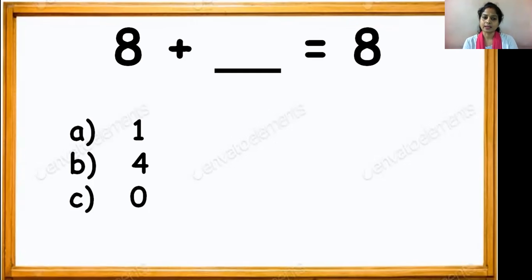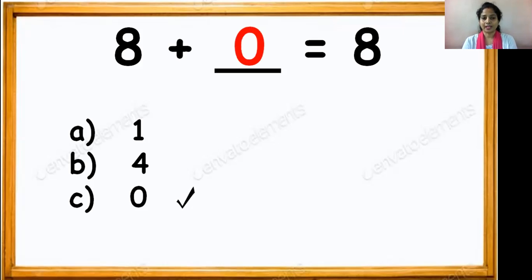What about B? 4. If you add 8 and 4, will you get 8? No. It means if we add nothing to 8, then we will get 8. Nothing means 0. It means our C option is correct.